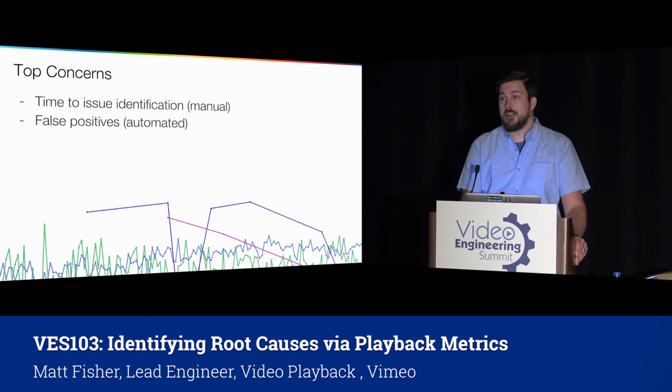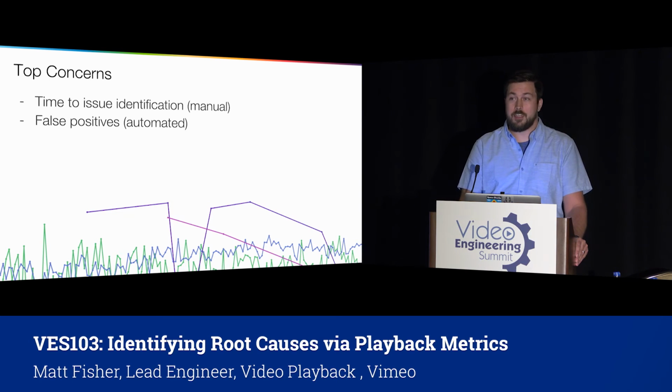False positives are extremely cumbersome. You can put anomaly detection, you can put alerting on this. People don't consume video the same way every day, all day, everywhere in the world. Understanding those ebbs and flows and dealing with the burden of false positives is an issue that we're continually trying to engineer ourselves out of.